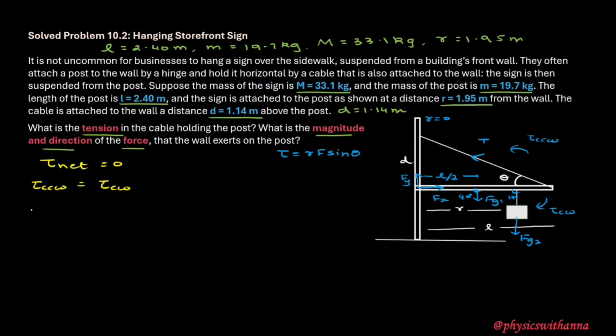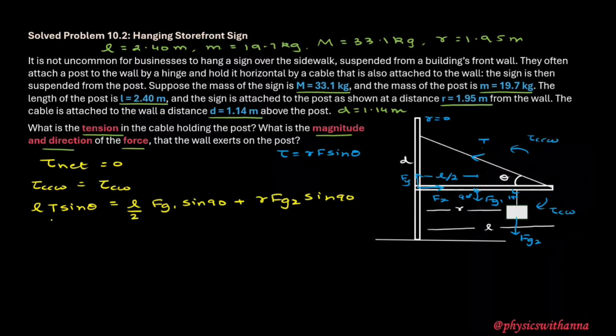So we write L T sine theta equals clockwise torque, which is produced by Fg1 and Fg2. Fg1 is at a distance of L by 2. So we write L by 2 Fg1 sine 90 plus Fg2 is at a distance R, so R Fg2 sine 90.